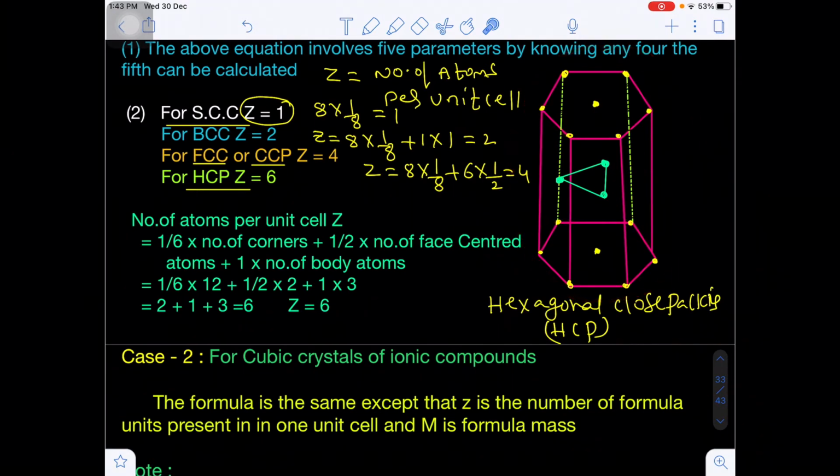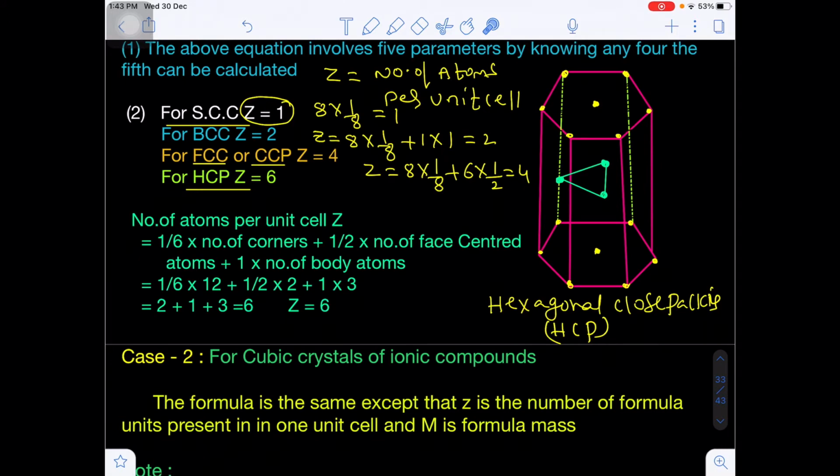Each particle will be present at the corner of a hexagon. So 6 plus 6, 12 corners are there, and there is 1 face center above and below. Apart from that, there are 3 particles lying inside the body. Inside the hexagon there are 3 particles present.